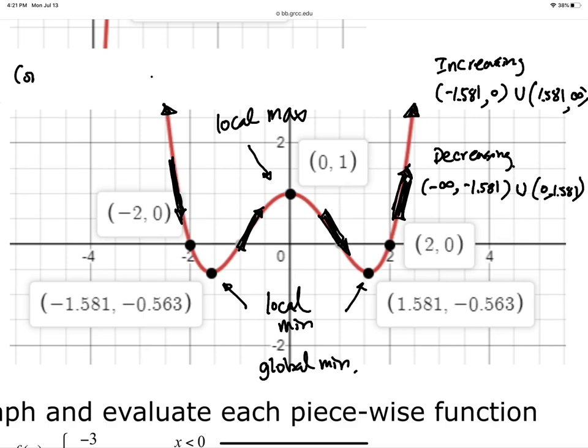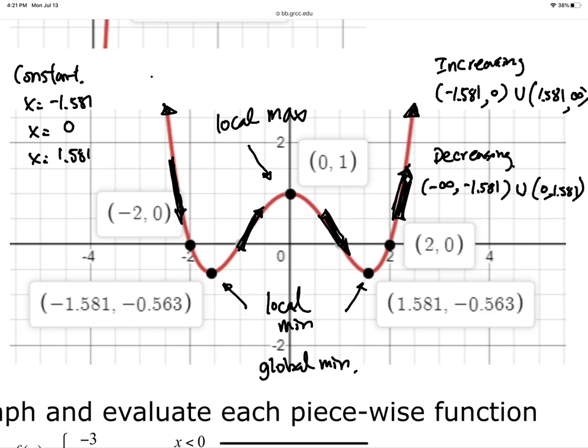The constants happen at x equals negative 1.5A1, x equals 0, and x equals 1.5A1. Essentially, those are your local min and local max.